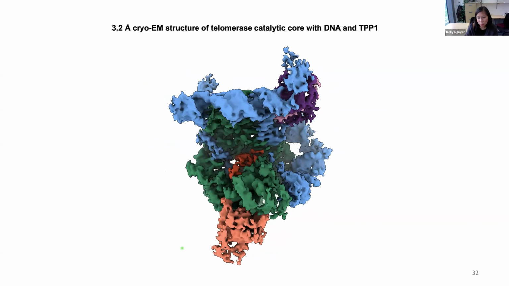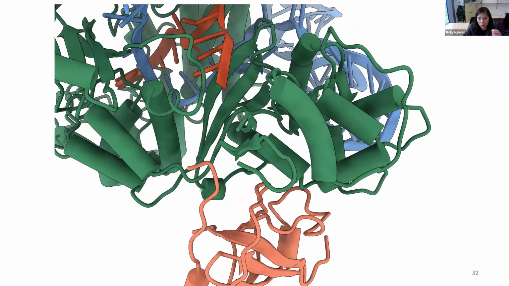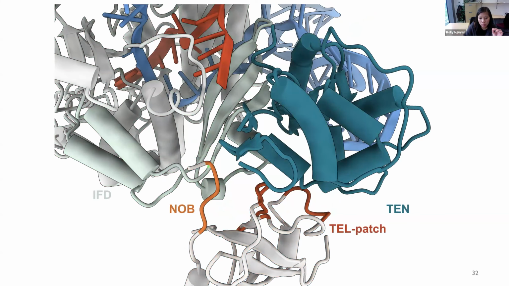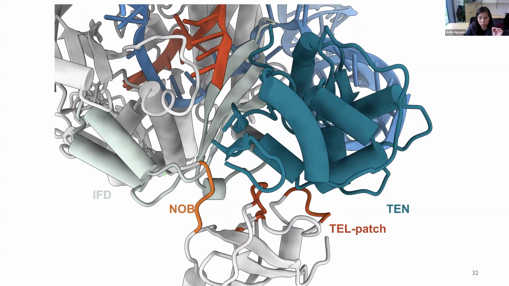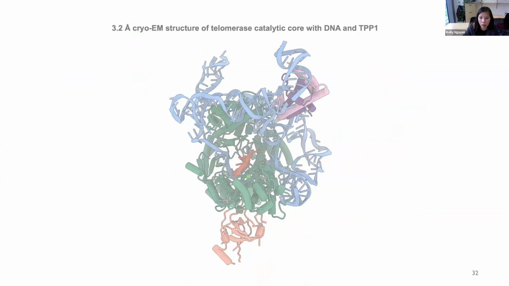And using this, we can build a full atomic model, and we can zoom in to see how TPP1 interacts with telomerase at a molecular level and really explain some of the observations that identified these interaction regions between TPP1 and telomerase, as well as revealing new insights.